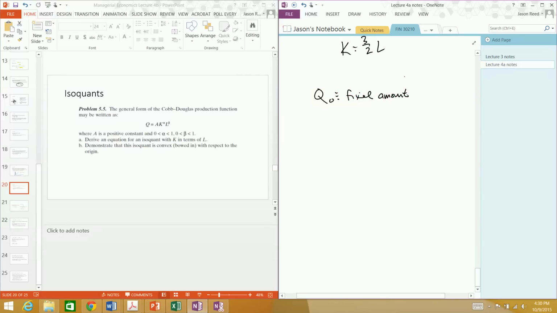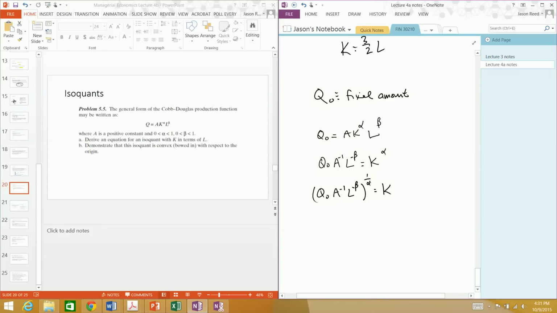In order to solve for K, we take Q sub naught, and then we have A to the -1, L to the negative beta, equal to K to the alpha. Now I'll take all of this to the left-hand side and raise it to the 1 over alpha, so I have K alone.